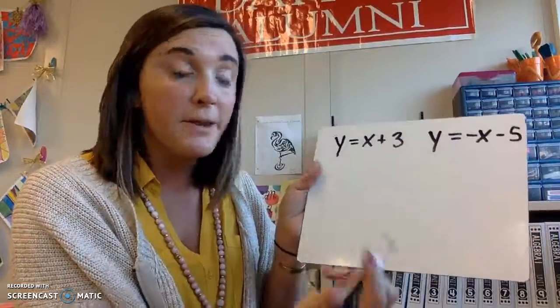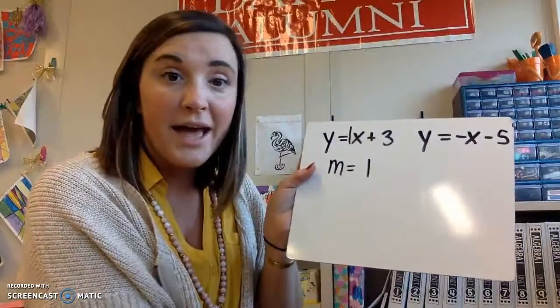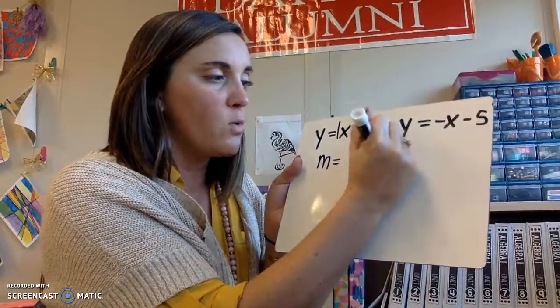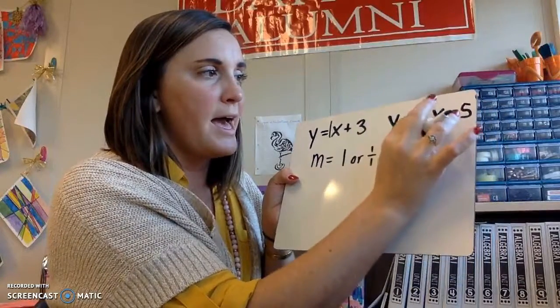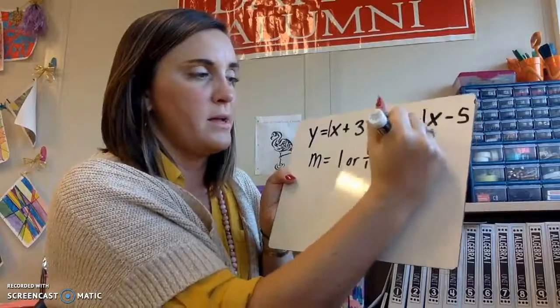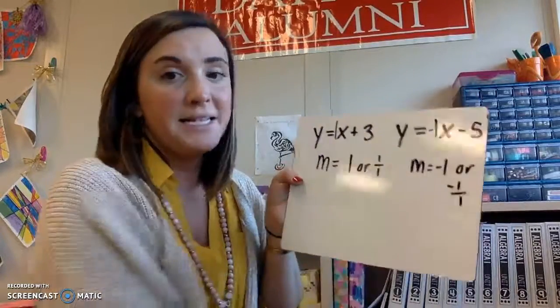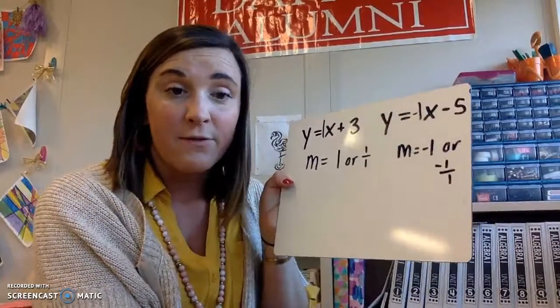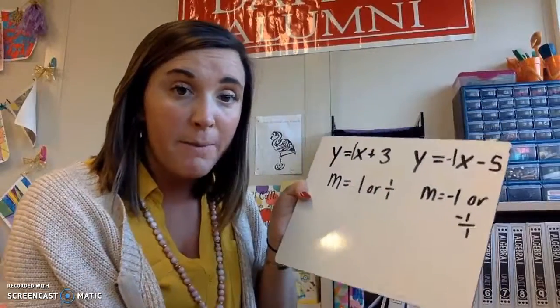So these are both in slope-intercept form. So my slope for the first one is just 1. That's like 1x. Or write it as a fraction, 1 over 1. The slope for my second one, if you want to add a negative 1 in there, m equals negative 1, or negative 1 over positive 1. Remember, only one negative. If you put 2, they cancel out. So they're opposite signs, so I know they're not going to be parallel.